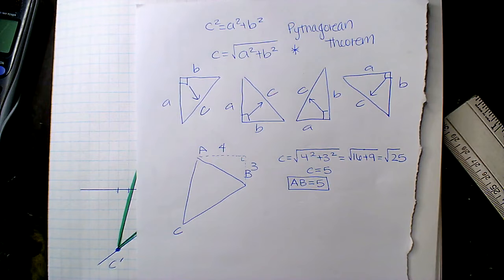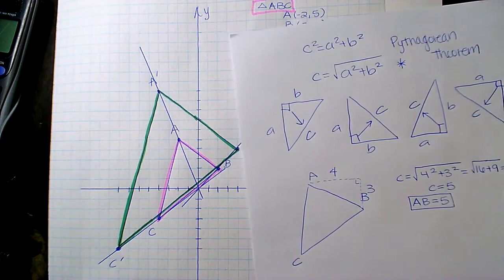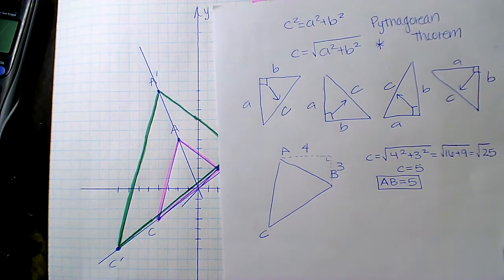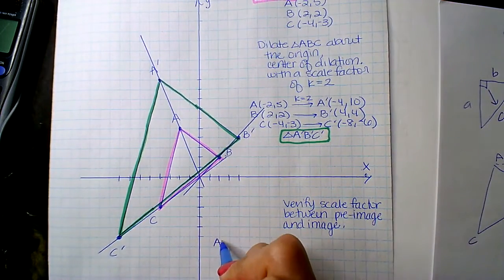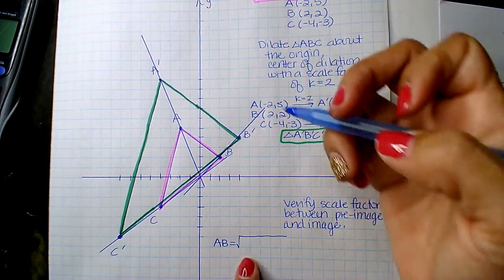So we're going to do it 5 more times. Okay, I wrote this on paper so it's nice and clear. If you're not writing it on paper and you want to put it on this graph paper, that's fine. You can just go AB, you put your square root, and you count.